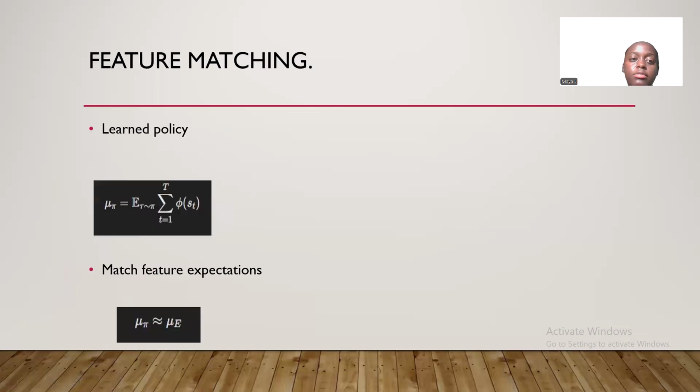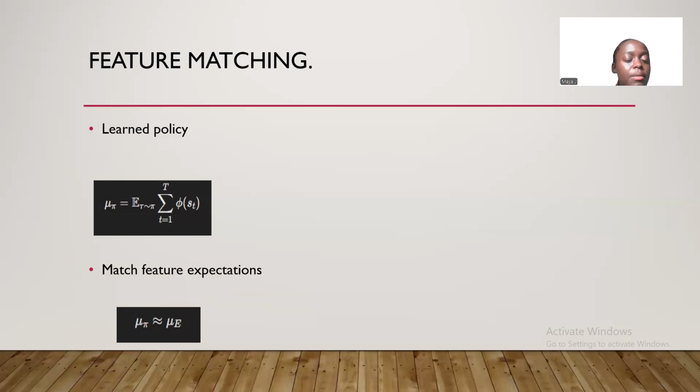Next, we have the feature expectations of the learner policy. So you want to find the average occurrence of different feature values in the learner policy.